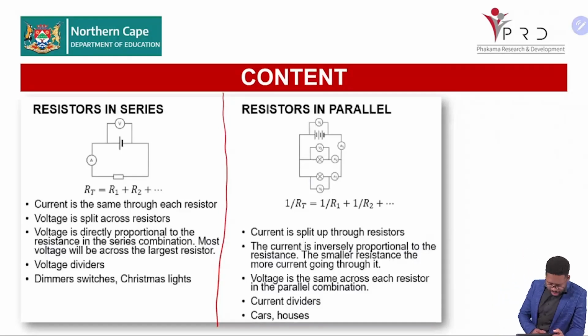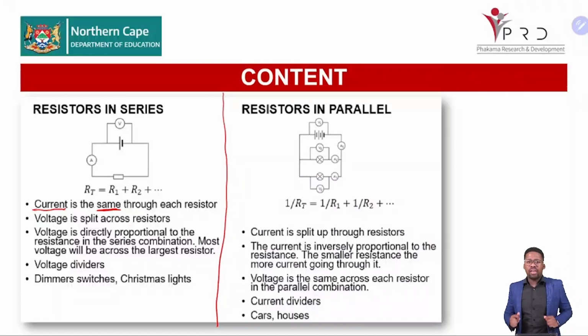So in series, let's start with the current. In series, we are saying that the current is the same. This is important, because it influences our calculation. Why is it the same? The answer is that the current flows in one direction.